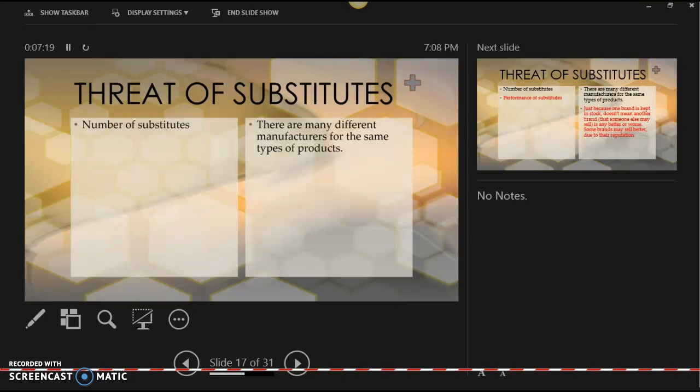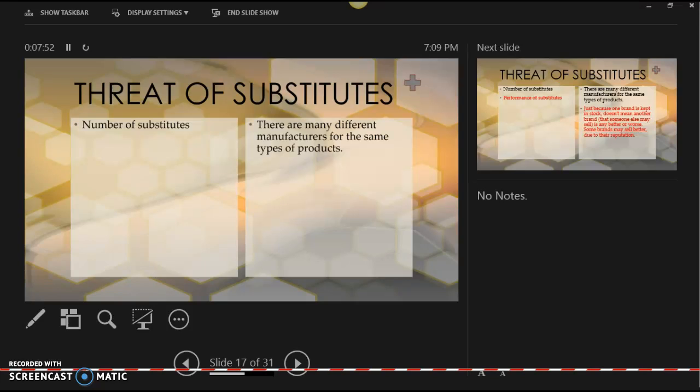So with the threat of substitutes, there's many different manufacturers for the same types of products. We talked about that in the last slide. We'll dive right back into the 3D printer market. TiVo makes an i3, which is a type of design for a 3D printer, but Prusa does the exact same thing, and there's many other people out there making the exact same design just underneath their brand name.